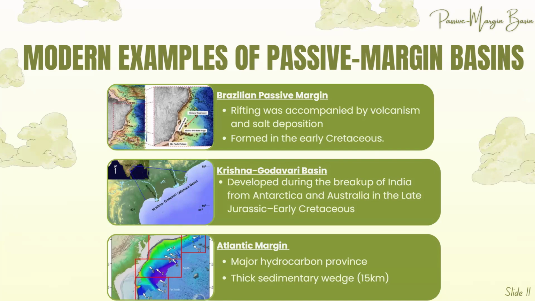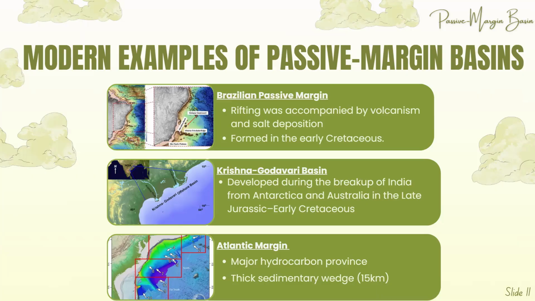It has a thick sedimentary sequence and stable tectonic conditions, making it an important hydrocarbon province. West Africa margin, Niger Delta. The Niger Delta is one of the world's most prolific hydrocarbon regions, formed by extensive sediment deposition along the passive margin.